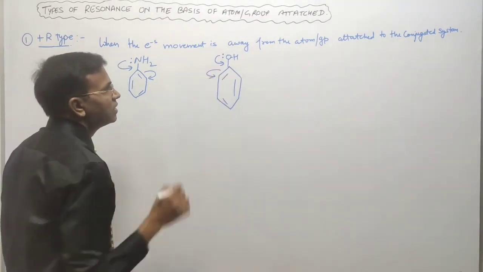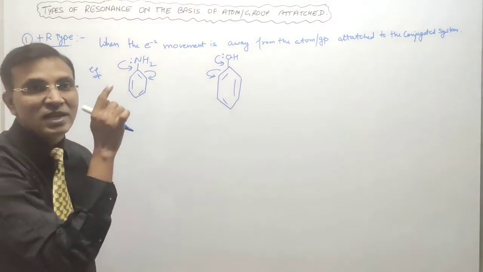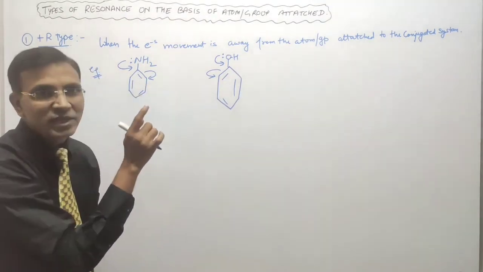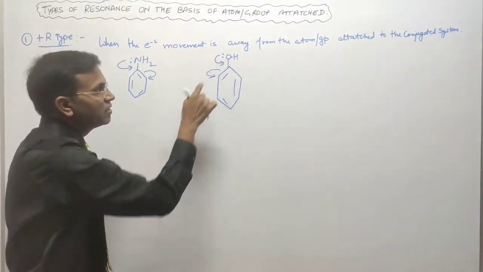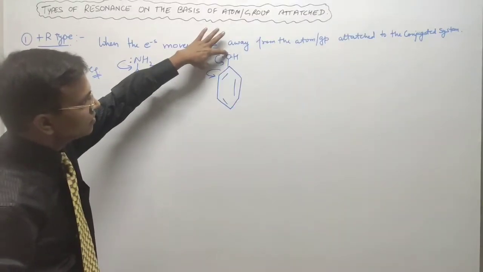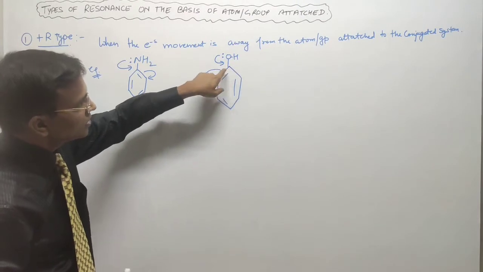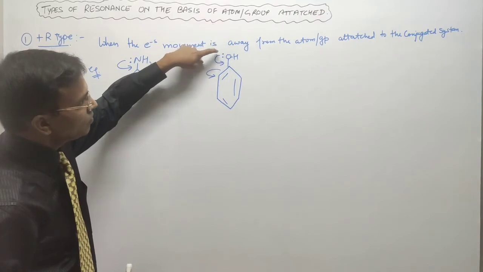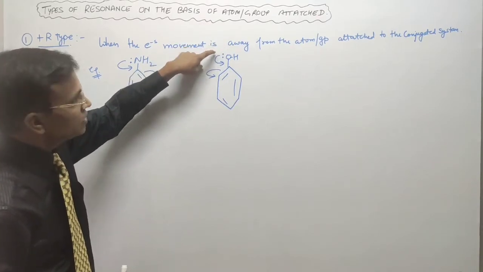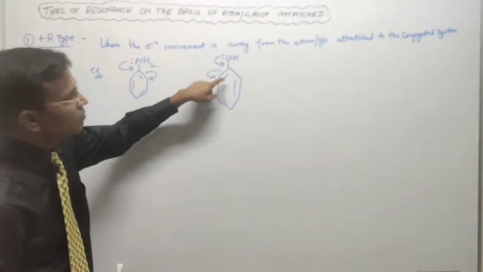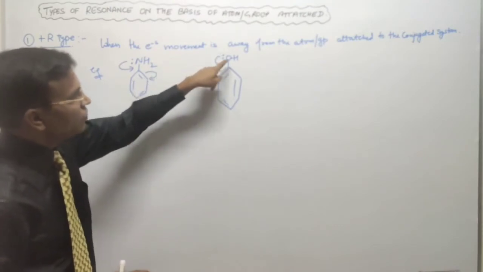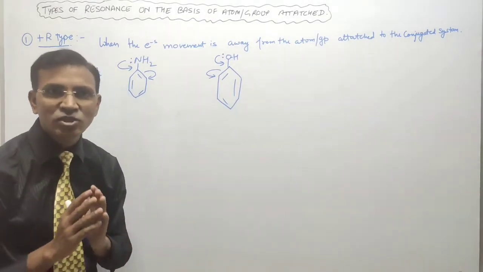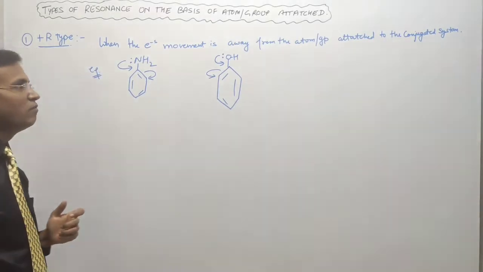That means the electrons are moving away. The atom attached is oxygen in this species. So the lone pair present on the oxygen atom delocalizes with the benzene ring, meaning it is moving away from the atom attached. That means it is showing plus R type resonance, right? So this is what plus R type is.